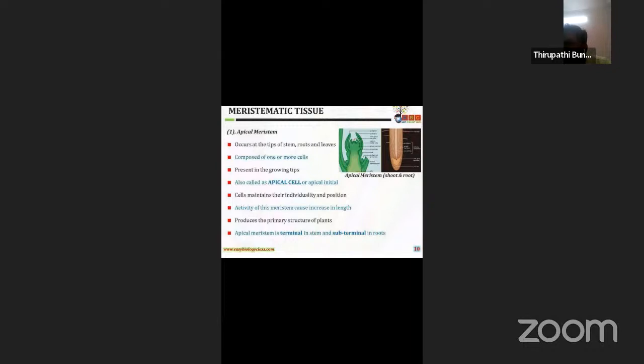Apical meristem has three types: protoderm, procambium and ground meristem.